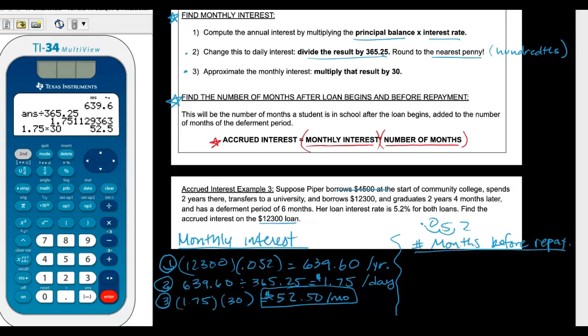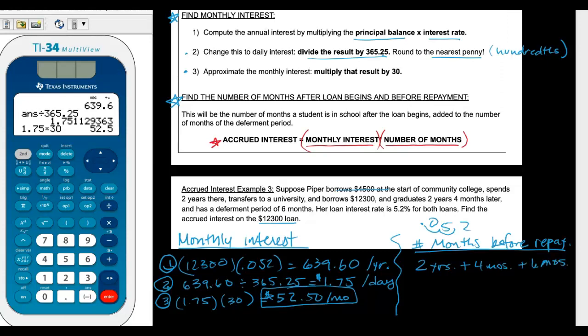So I'm going to look at how long the student was in school after she borrowed the $12,300. She borrowed that and then she graduated 2 years, 4 months later. So that's the number I'm writing down. And then she had a deferment period of another 6 months. These can be tricky.